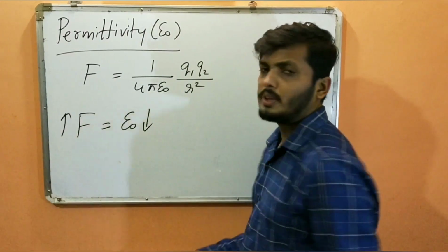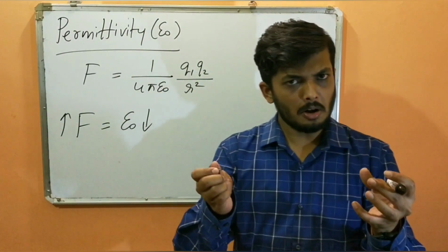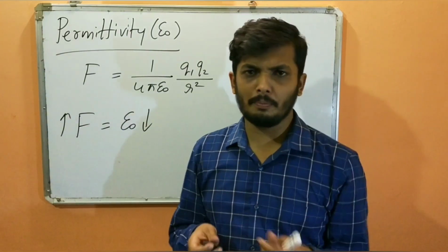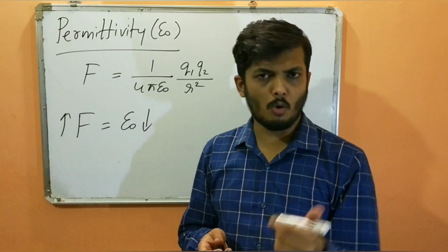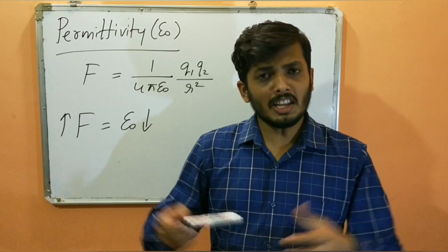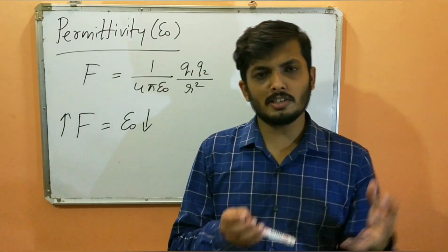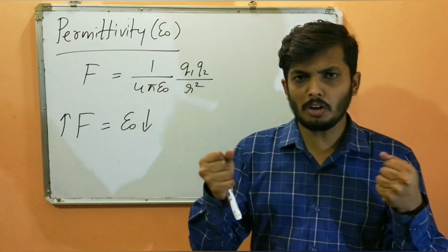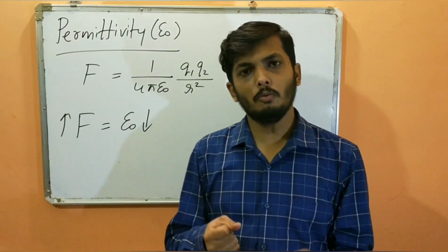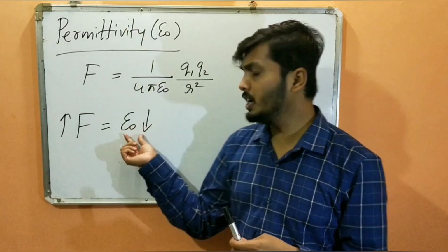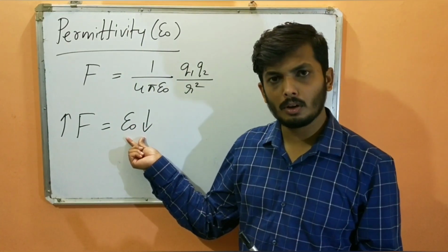Consider two charges placed in a vacuum, and the same two charges placed in another medium, maybe glass or water. You tell me where the interaction of the charges will be difficult. In glass, since it is a denser medium, the interacting force will be weak. So this permittivity depends upon the medium.